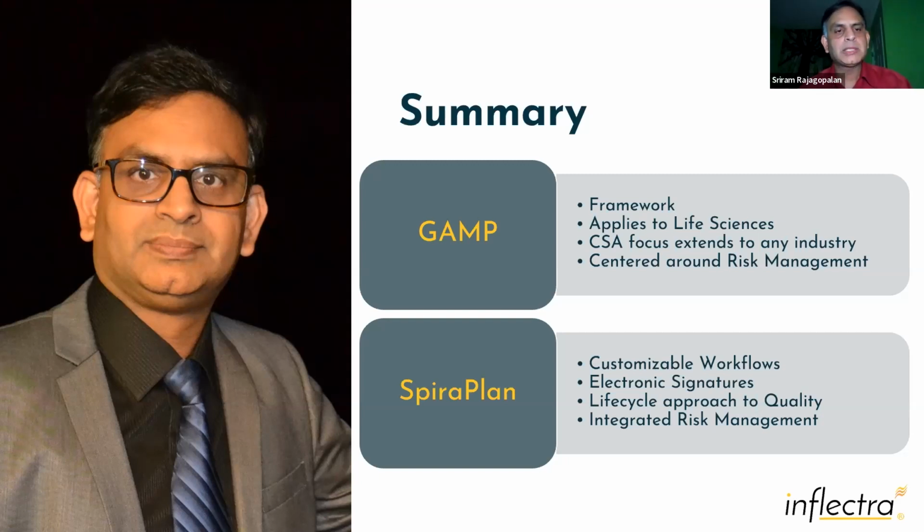The second one is, does it comply with the GAMP requirement? GAMP is a framework, like I mentioned. It is not going to come and tell you that you can approve all requirements in a single shot, or that you have to have multiple requirements, each approved individually. It's not going to say that, because if it does, it's no longer a framework. It's very prescriptive, and that's not acceptable.